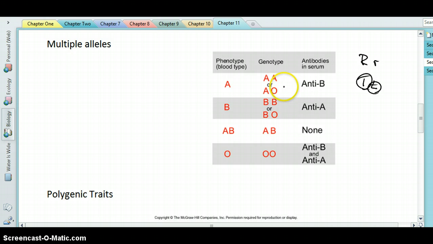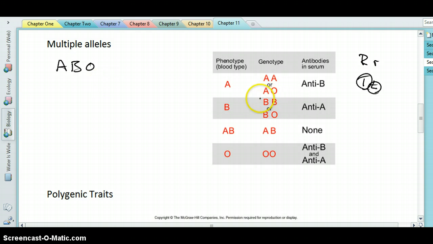Because with blood types, we have three alleles, the A, the B, and the O. And you can get, as you see here, any of these six combinations: AA, AO, BB, BO, AB, or OO. Those are the six combinations of those three alleles.